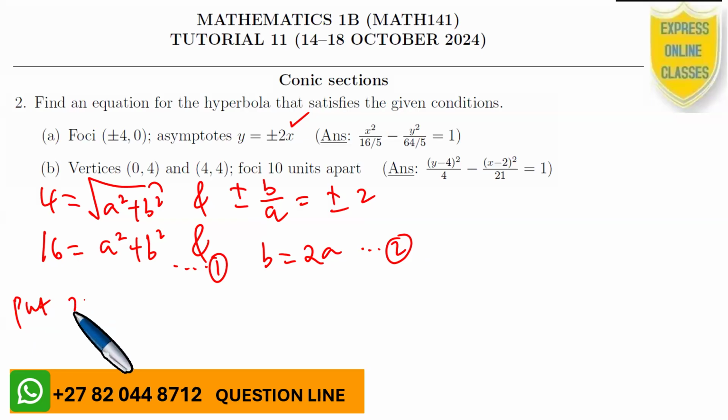Put 2 into 1. These are simultaneous equations. Put 2 into 1.